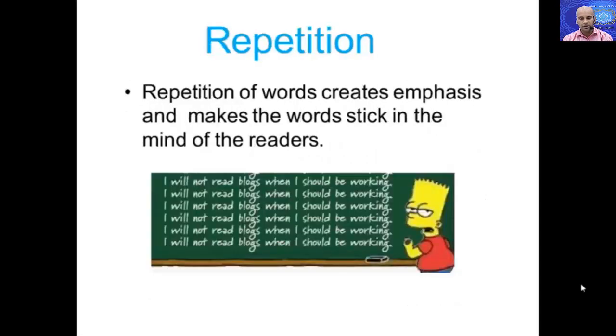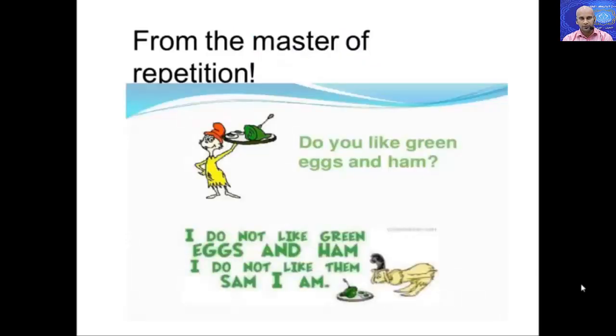The next technique is repetition. It can be repetition of words or phrases to emphasize, and it makes the words stick in the mind of readers. I will not read blogs when I should be working. So any repetition that you use will be interesting for the reader.